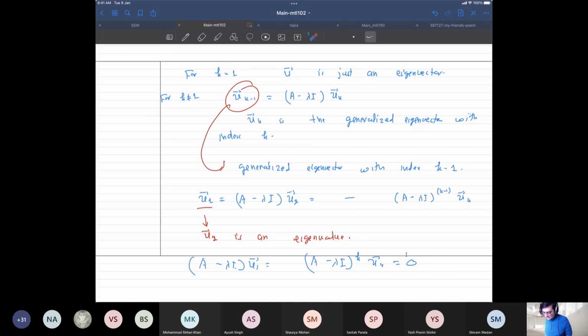In the next class, we'll discuss the relation between these vectors, how to find such a vector, and how they are linearly independent. Finally, our aim is to write A in almost diagonalizable form. Once we do that, we look at linear systems with constant coefficients in a different way.